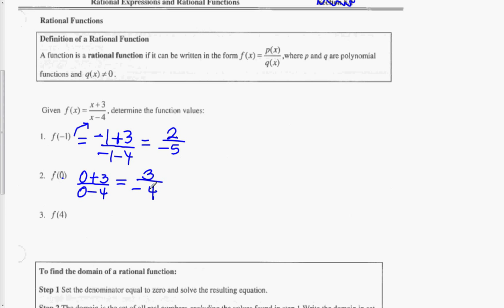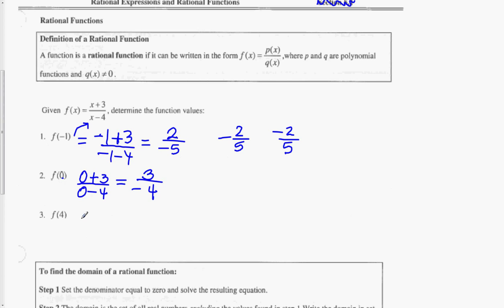And when we write these answers and we have a negative with either the top or the bottom, you could write that negative out front like that. Or a lot of times I will write it with the top number for a final answer. It doesn't matter. It's correct either way. But most of the time you see those negatives either out in front or up with the top number.